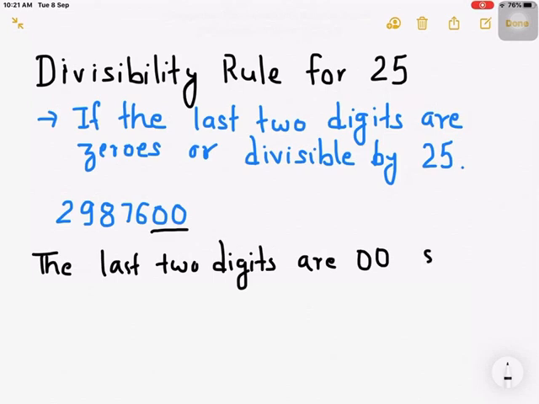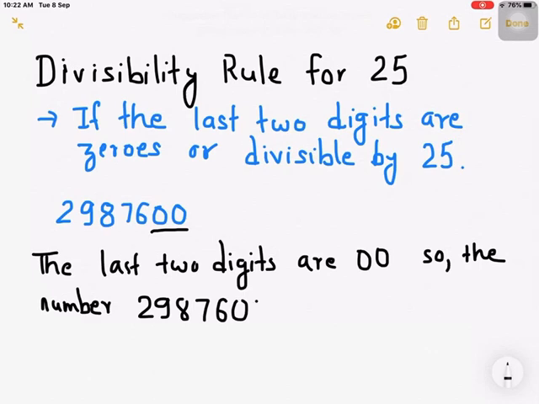So the number 298760 0 is divisible by 25.